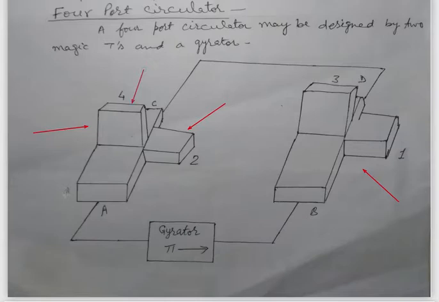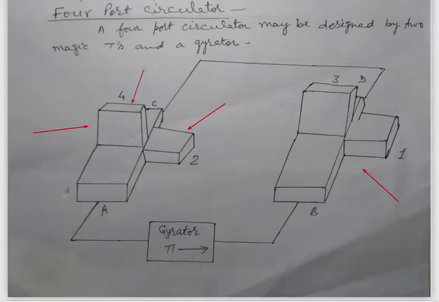So now due to the additional phase change produced by the gyrator, the two waves enter at B and D in the same phase. So they will now have the correct property to recombine with each other, and they will emerge from port 1.